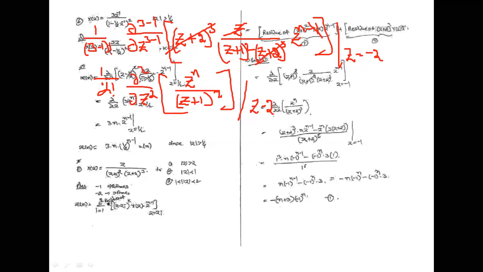Now you can apply this as 2 times partial differentiation. 1 by 2 factorial is nothing but 1 by 2.